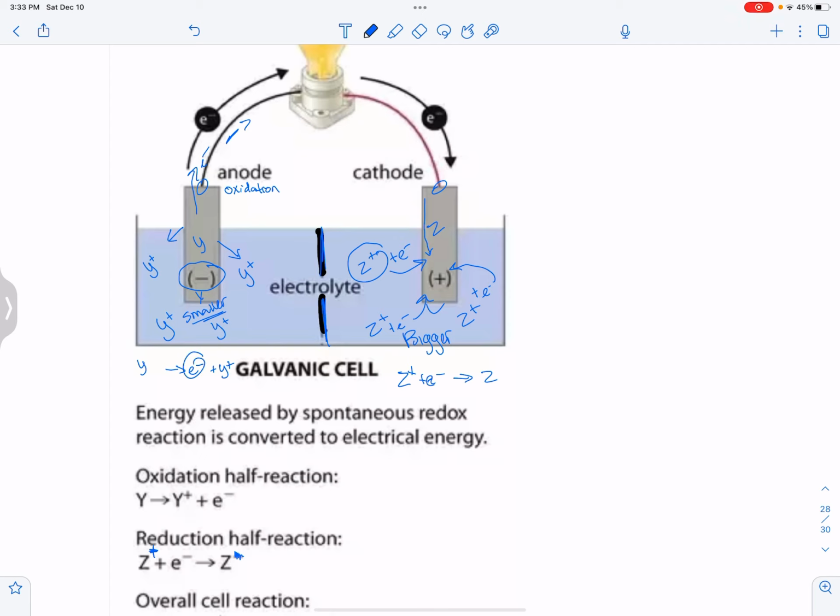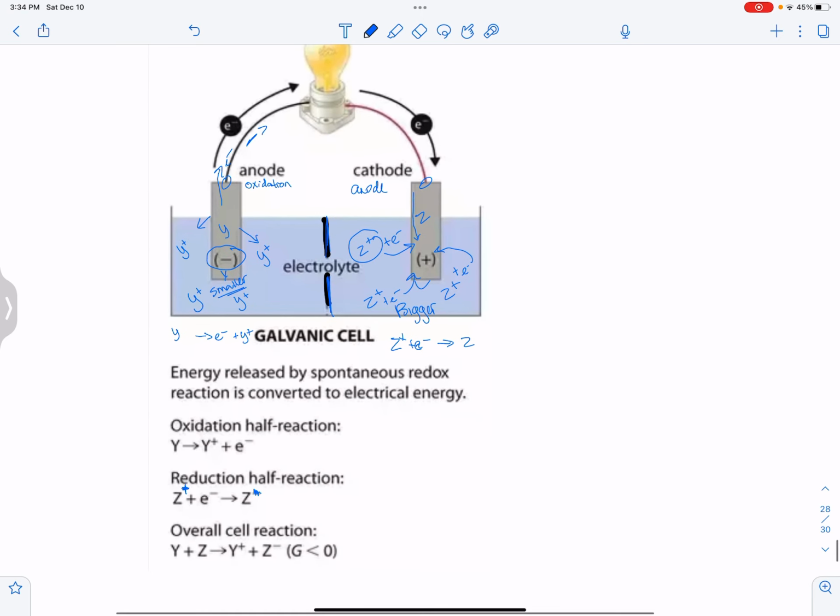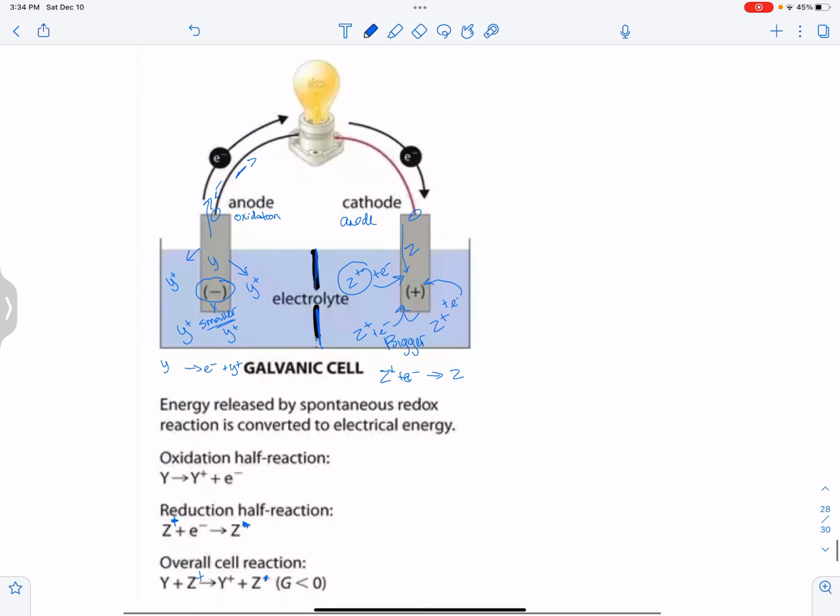So notice that this electron is what's reacting with this to make that. And remember cathode, anode. So that one gets bigger. This is really interesting because you can actually purify things with some of this process. And overall, here's an overall reaction. I'll go ahead and change my signs on this though. So that's your galvanic cell.